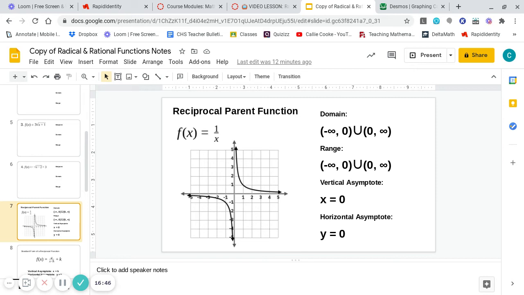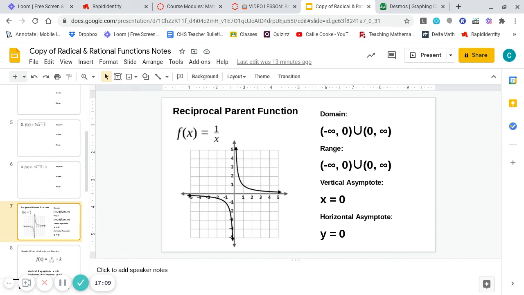So with our rational or reciprocal function, you have to look at the denominator, and whatever number makes the bottom of that fraction 0 can't be part of our domain and range because it's undefined. As this graph approaches 0, it goes nuts.